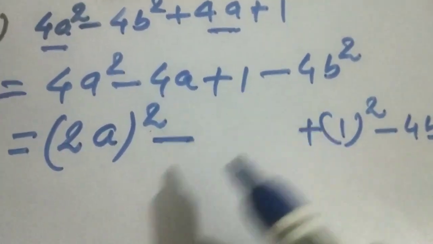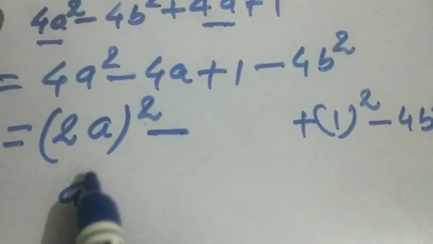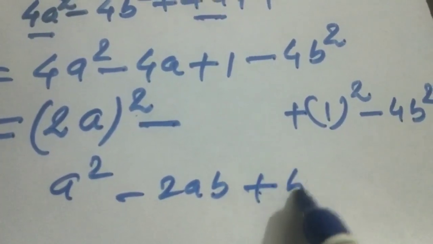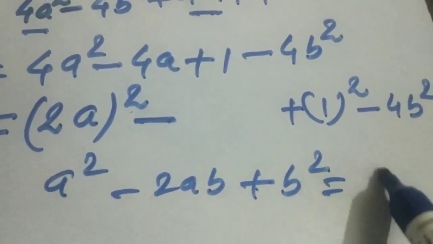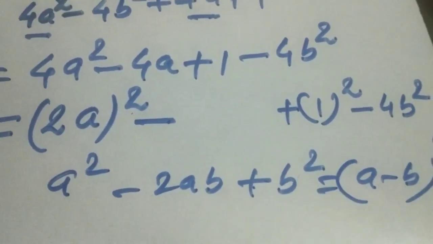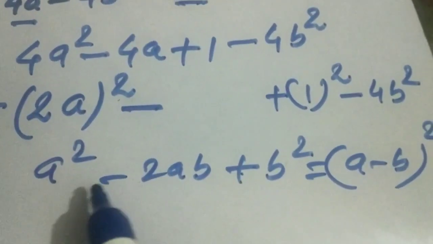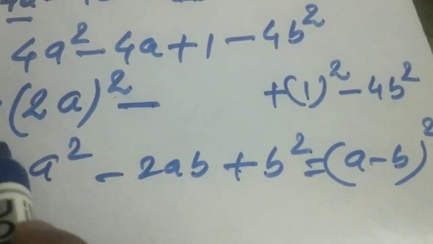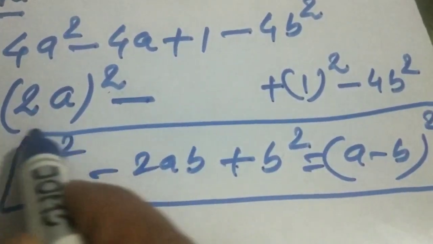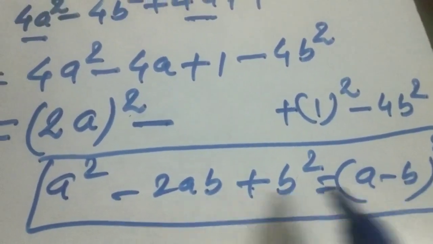Now one formula is here: a square minus 2ab plus b square is equal to a minus b the whole square.